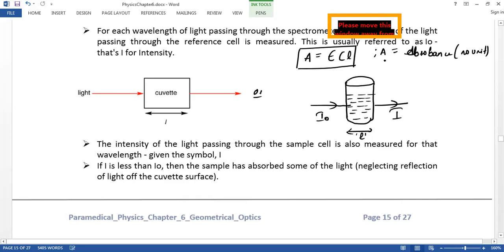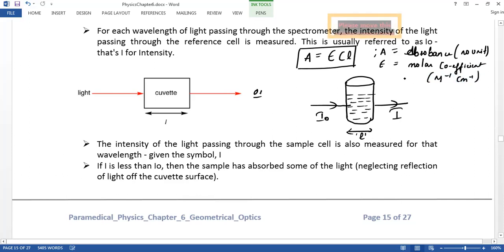And the second one is epsilon. Here epsilon is the molar coefficient, that is M to the power of -1 centimeter to the power of -1.